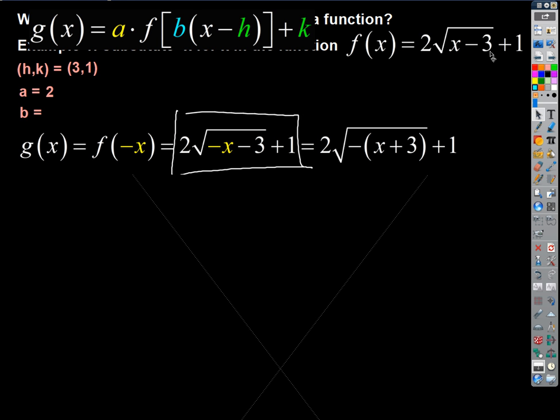Because a and b are things that are multiplied, if they're invisible, they're 1s, right? Anything that normally would be multiplied, if it doesn't show up, is an implied 1. What if it's something that's normally added or subtracted and it doesn't show up? What would it be? 0. Okay. So if the h and k didn't show up, they would have values of 0, right? Okay, so then what did you say b would be then?